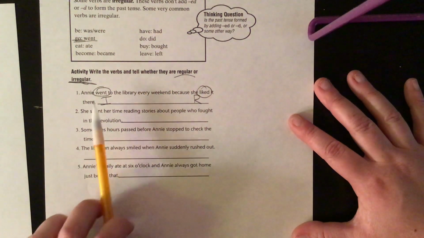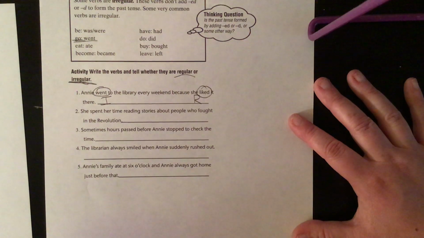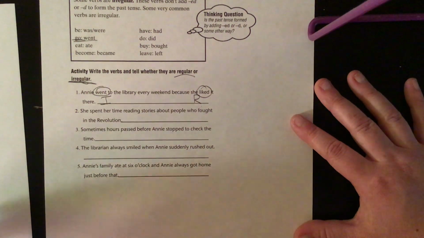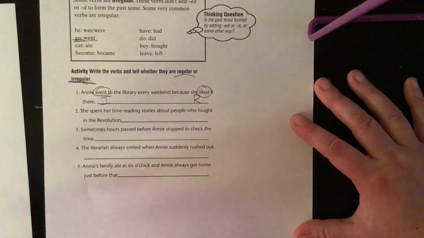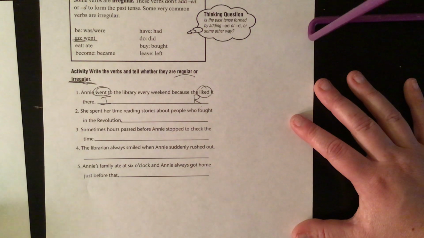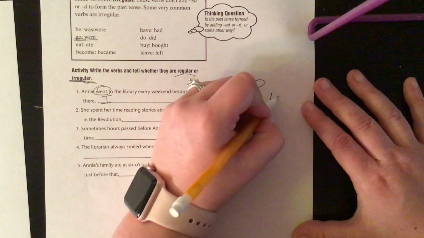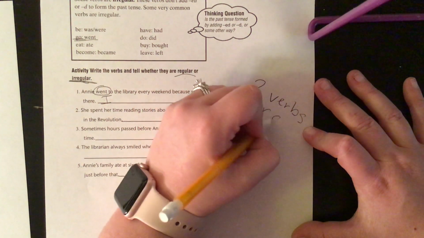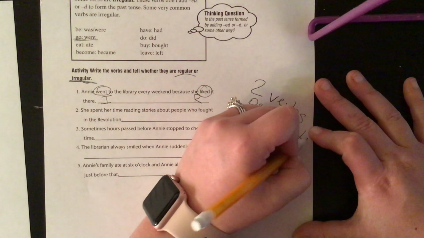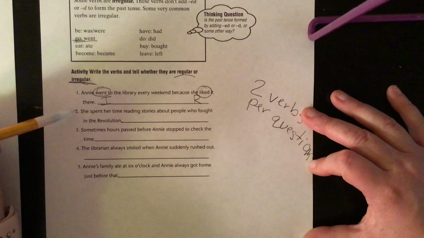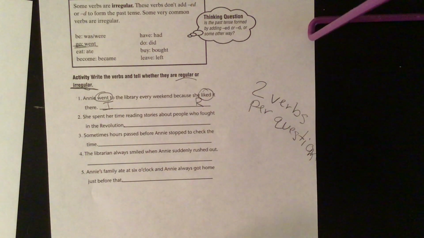And again, I don't necessarily care if you circle the verb as long as you're writing it underneath it so I can tell which verb you're trying to change. Each one of them has 2. So there's 2 verbs per question, if that makes sense. Each one has 2 verbs that you need to decide whether it's irregular or regular.